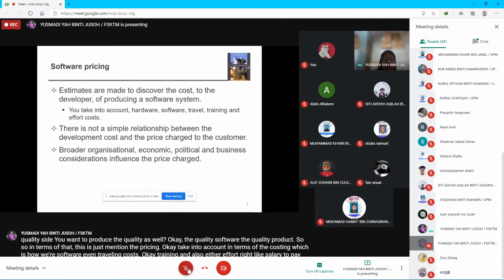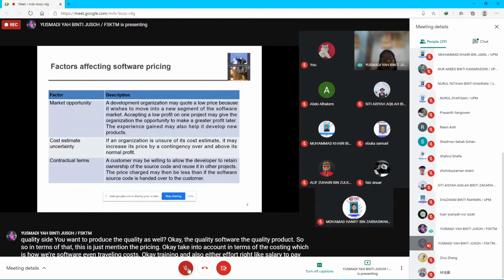So there can be a variety of factors in software pricing, depending on the situation. A factor can be the market opportunity, meaning the demand. Let's say this software developer company has good track records on development and good service for their customers, and not all software developer companies are capable of building that particular application.